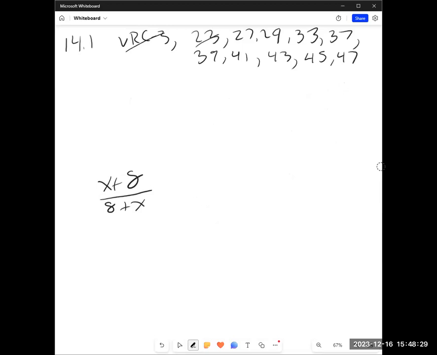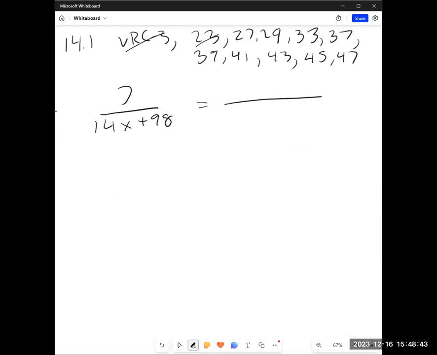Now let's go ahead and look at the problem that's like number 27 here. It is 7 over 14x plus 98. So I see a greatest common factor of 7 for sure in everything.